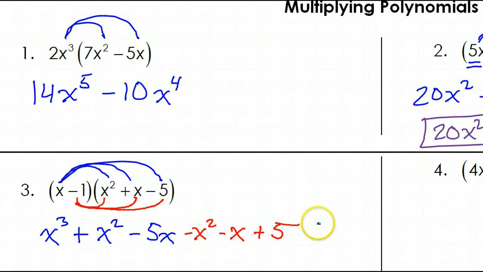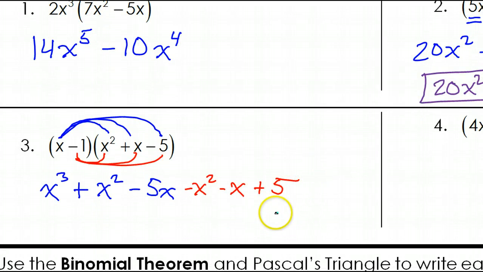Combine your like terms. So I've got like terms here. Okay, I've got my x squared and my negative x squared, but they just cancel each other out. Okay, so these are just gone. All right, I've also got like terms here.